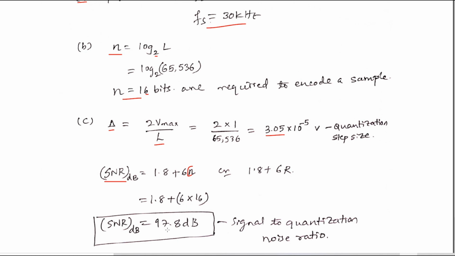Using this, we'll get 97.8 decibels as the signal to quantization noise ratio. Because we are using more number of bits, that is 16, we are going to get a very good signal to noise ratio. Okay, so that's all about the problems which I wanted to discuss with you. Thank you.